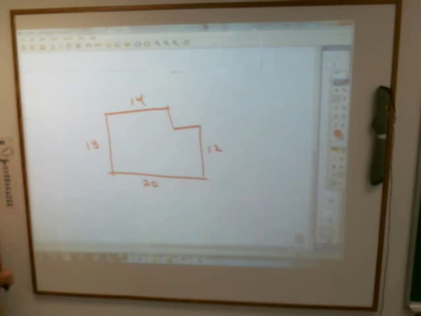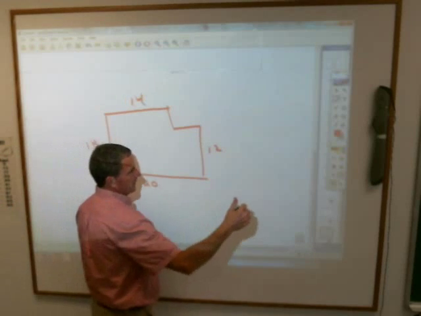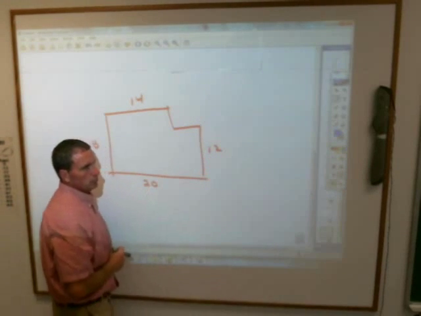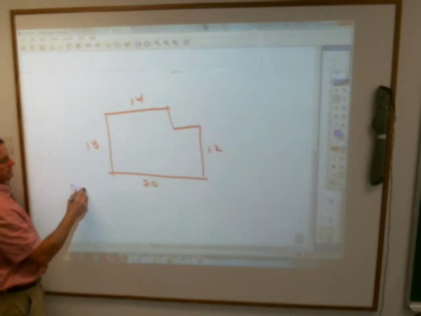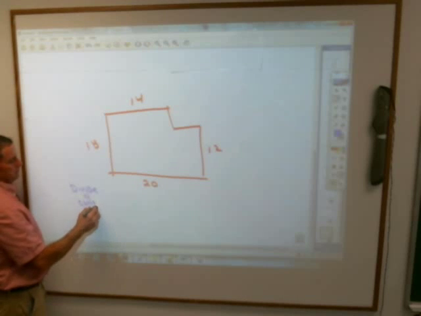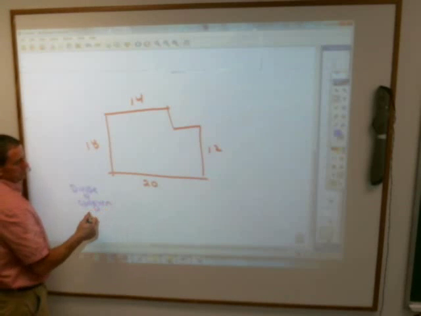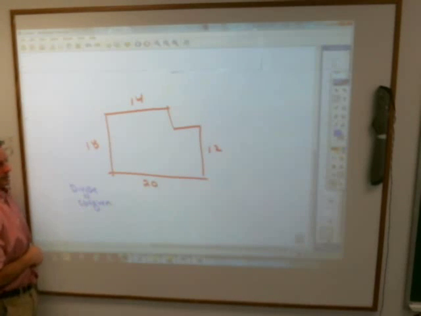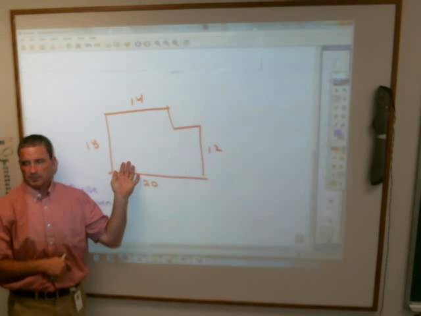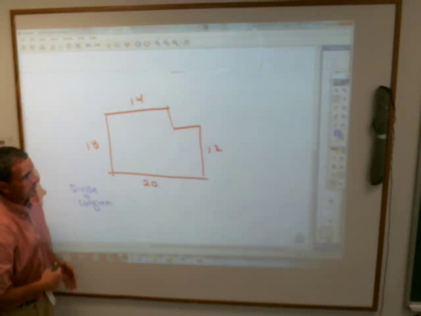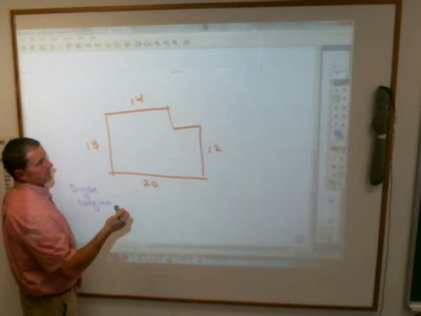There are 2 ways that you can go about doing these little complex shapes. The first way is to, what I like to say, divide and conquer. Because we don't have a formula that says how to find the area of a little rectangle with a cutout shape in it. Okay, you need to figure out, and you can do this a couple different ways.